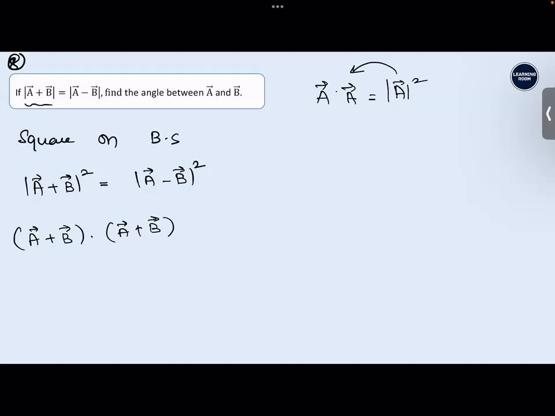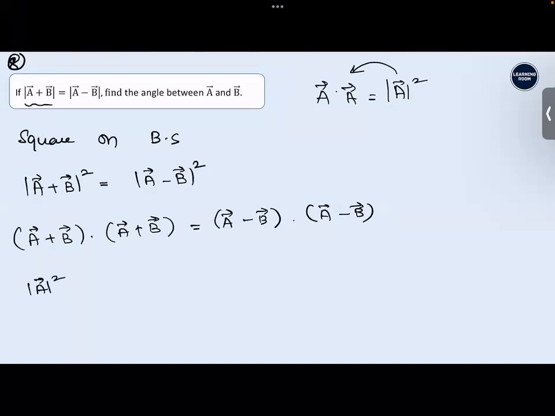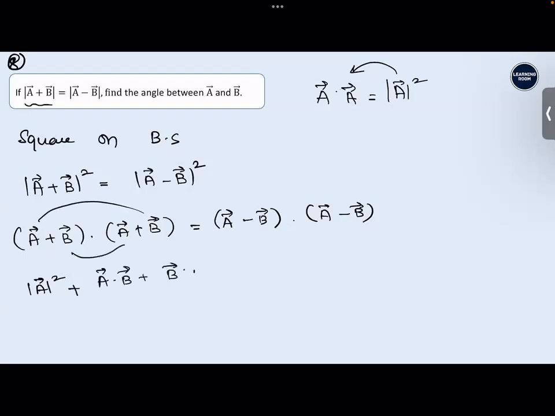Is everyone clear? So similarly, tell me what will be on the right hand side. A vector minus B vector dot A vector minus B vector. Now you know two terms here, multiply them. So A dot A, magnitude of A square. Can I directly write it? Plus A vector dot B vector plus B vector dot A vector plus magnitude of B vector square is equal to, on the right hand side, what will you have?